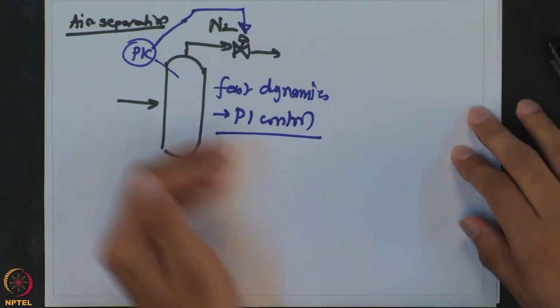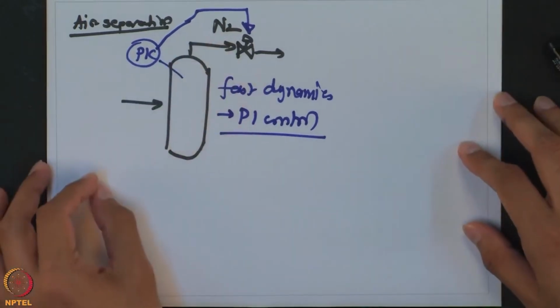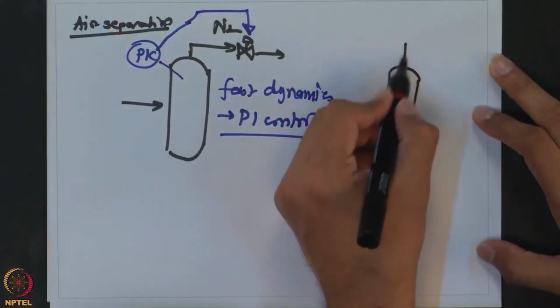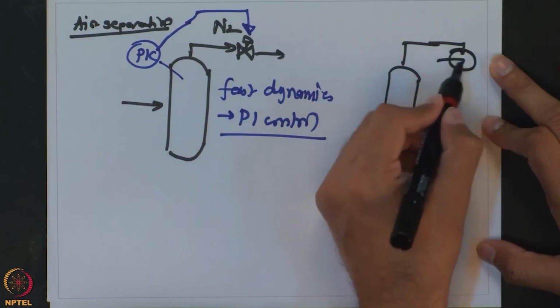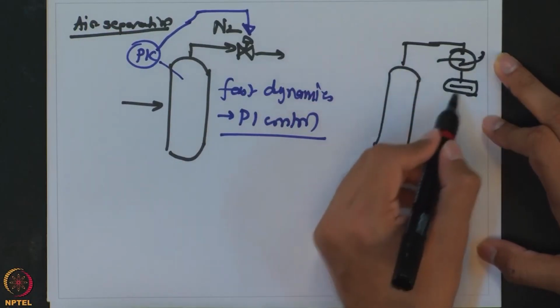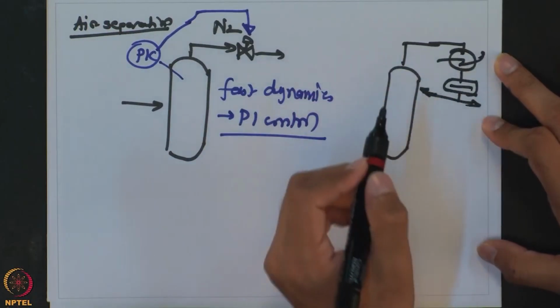Now, this PI controller was possible because we did not have any condenser here, and the vapor is the product at the top. The other type, a more conventional distillation, is that you get vapor at the top, then you condense the vapor, and then the reflux goes back.